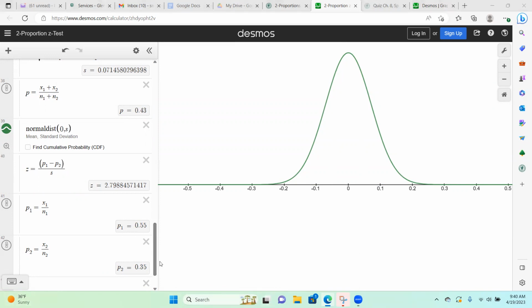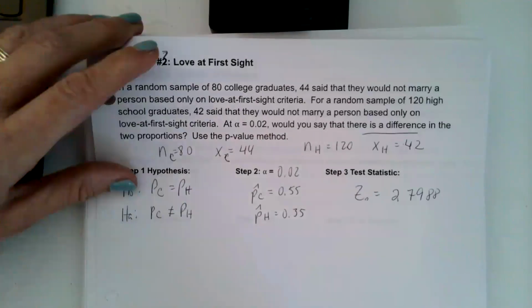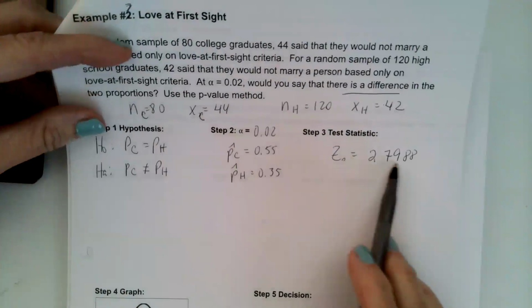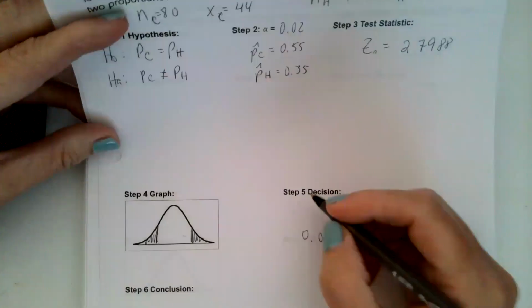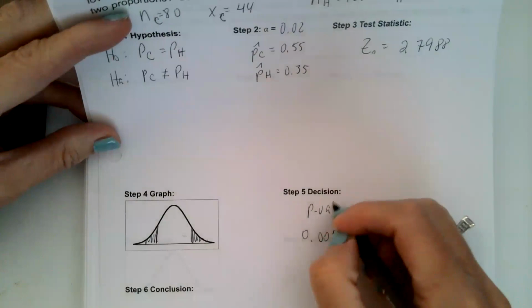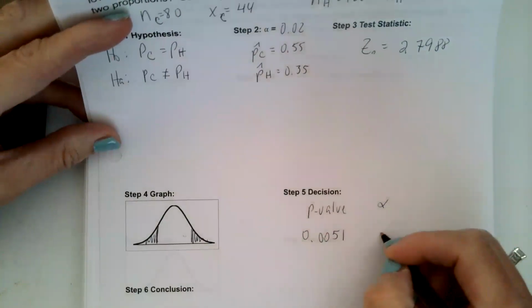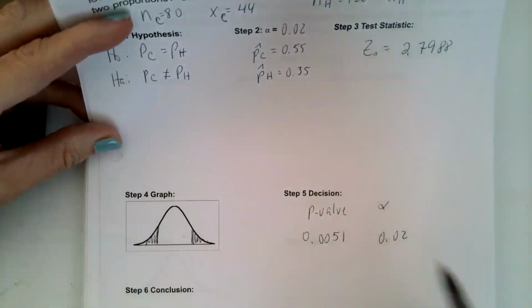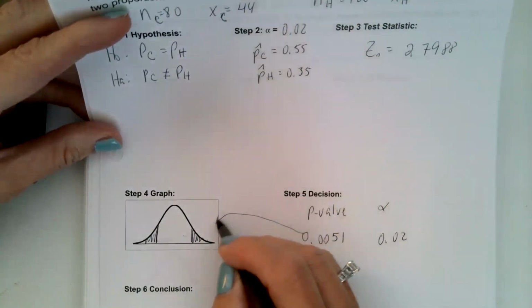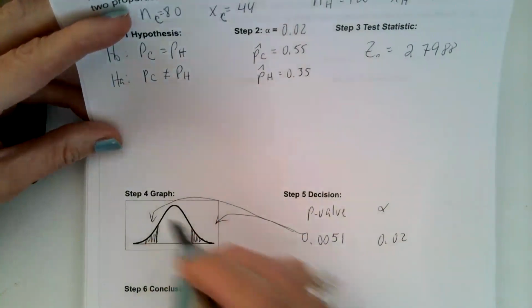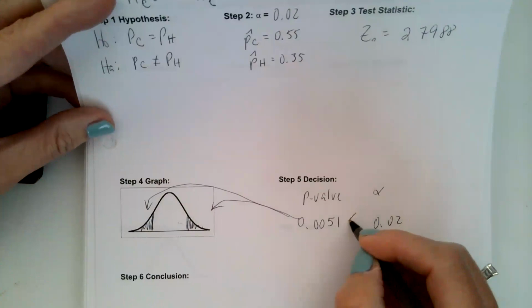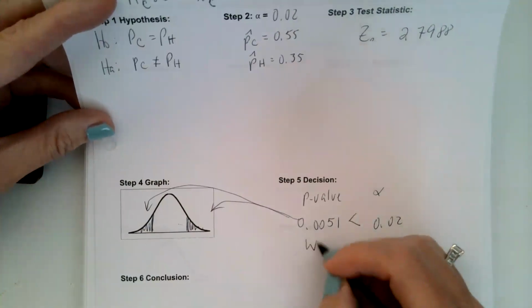So let's go back to our paper. There is our test statistic Z, and our p-value down here in step 5 compared to our alpha of 0.02. Again, our p-value is split between these two. Our p-value is quite small, so we do reject H0.